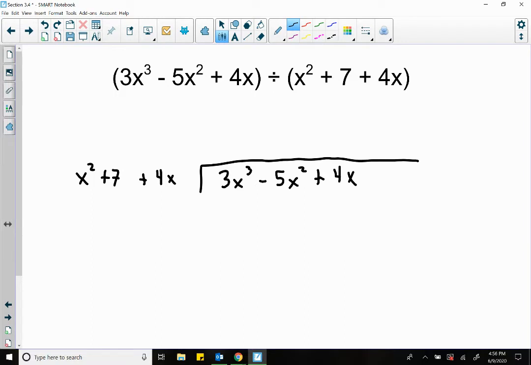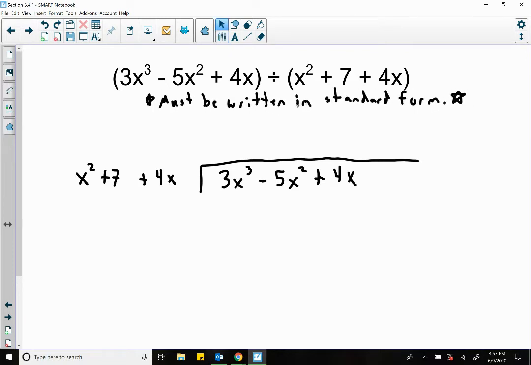Okay? So that's a huge key right there. Must be written in standard form. Okay?